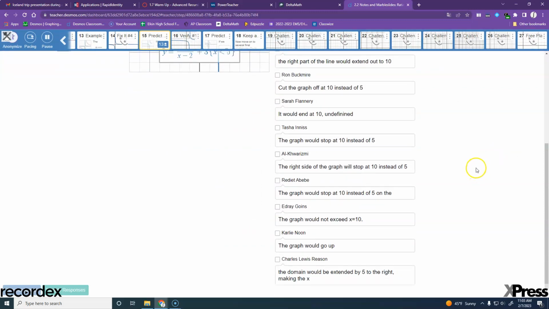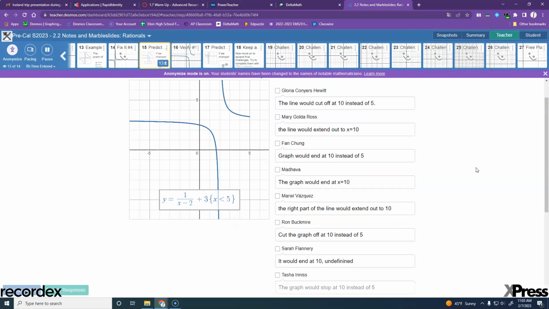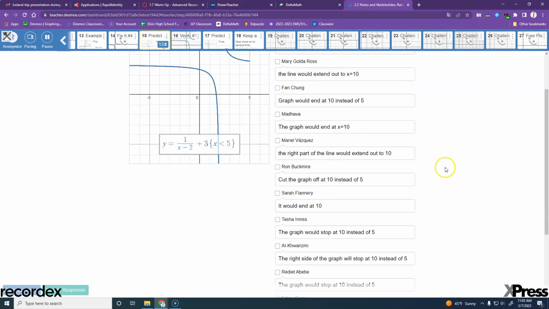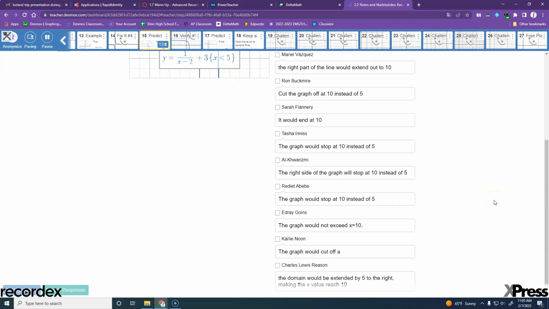All right, let's look at some of the answers we've got here. These are looking good. The line would cut off at 10 instead of 5. The graph would end at 10 instead of 5. The graph would end at x equals 10. We're seeing a lot of the same things.